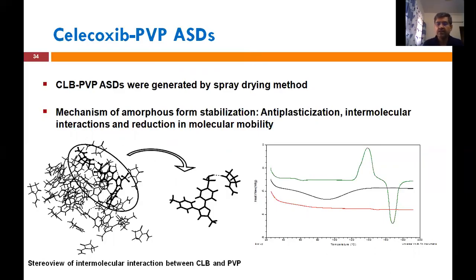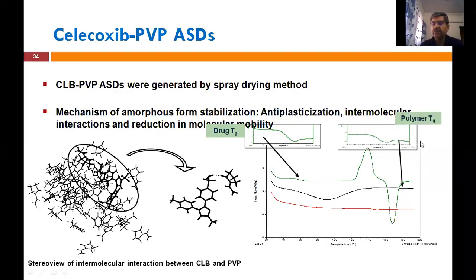And this is shown in these DSC heating curves, wherein you can see this is the Tg of the celecoxib alone, which was somewhere around 56 to 57 degrees Celsius.